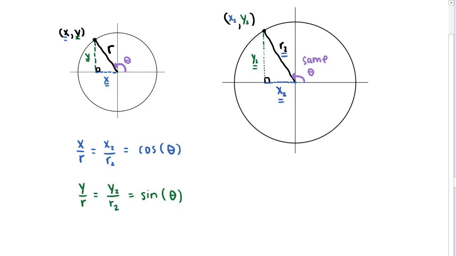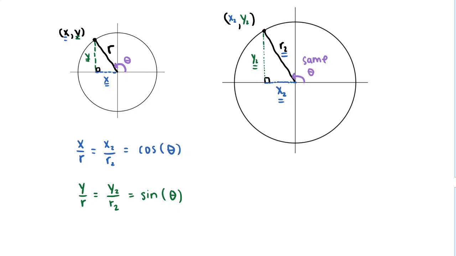For any circle, we think of cosine of theta as the x-coordinate of the point on the circle corresponding to the angle theta, divided by the radius of the circle. And for sine of theta, we take the ratio of the y-coordinate on the circle corresponding to that angle divided by the radius.